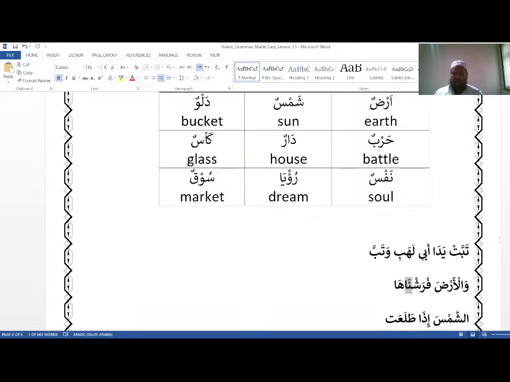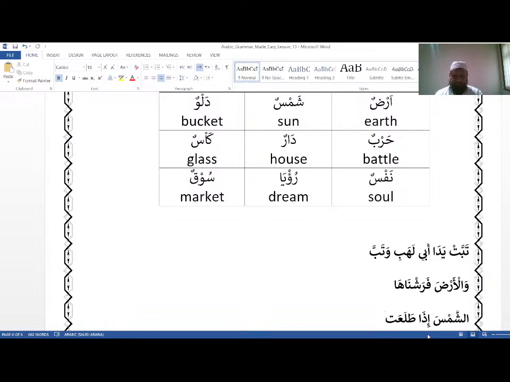Then we have ash-shamsu idha tala'at. Ash-shamsu idha tala'at, and there should be sukun. Even if we don't put sukun, we still know it has to be sukun. Tala'a, to rise. Why is the muannas siga used here?